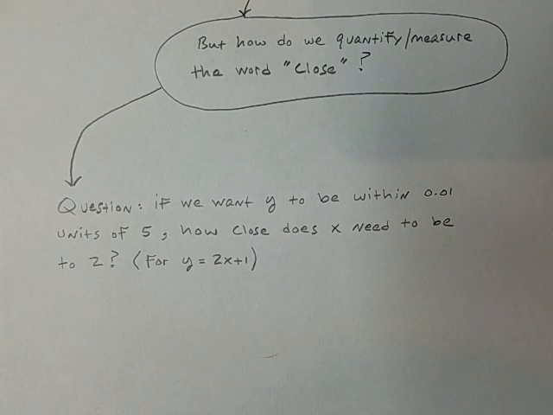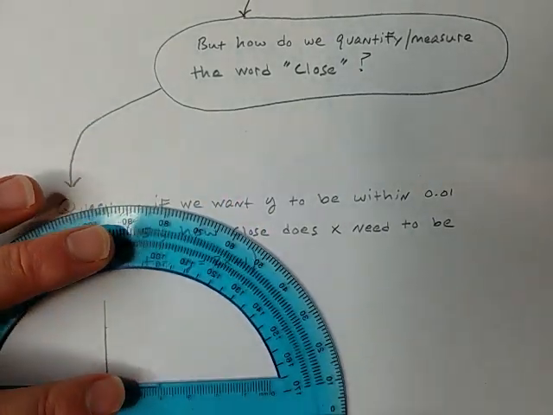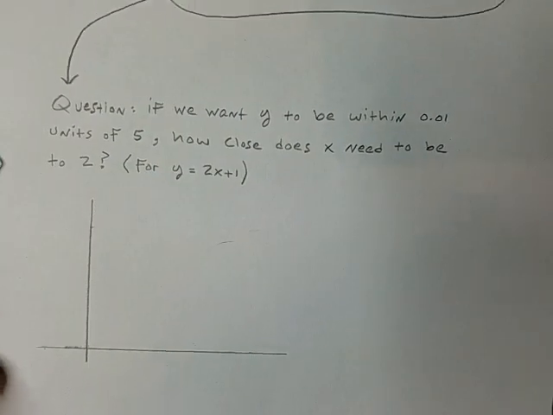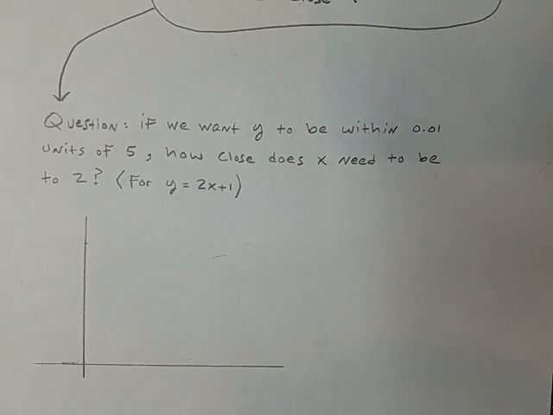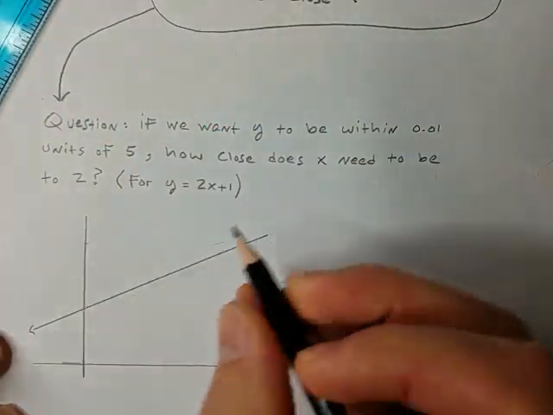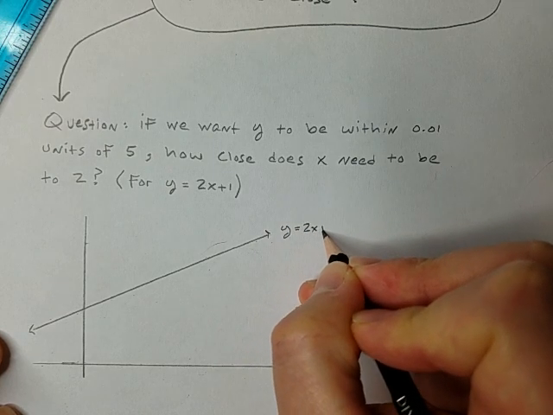Here's how I'll show you how to do this. It's definitely not the only way, but it will get the point across. I will do this visually for people that like to think about things visually. So let's say here is roughly what the line y equals 2x plus 1 looks like.